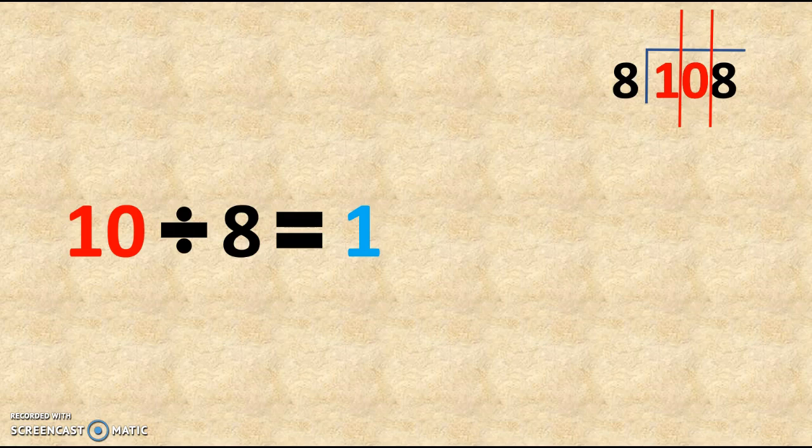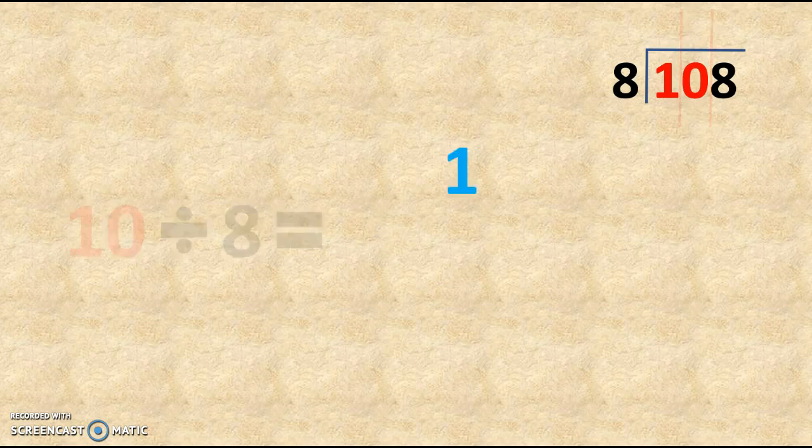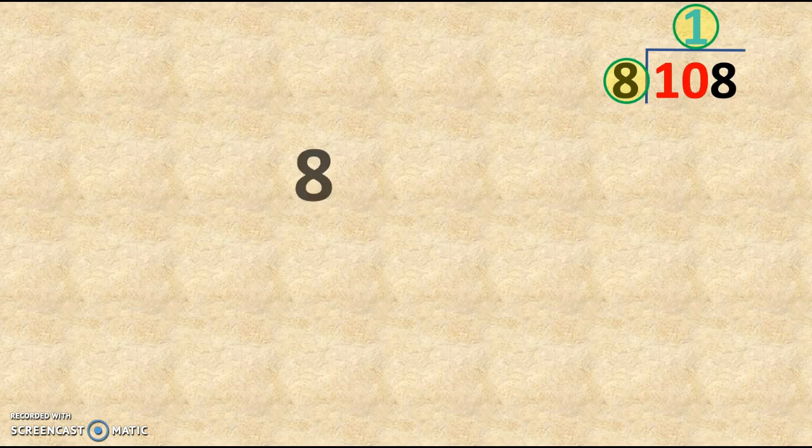So the furthest digit to the right of the 10 is the 0, so we put it right above that. And now we'll multiply 8 times 1, which gives us 8. And then we'll put the 8 right underneath the 0 of the 10. And then we'll subtract. 10 minus 8 is 2.